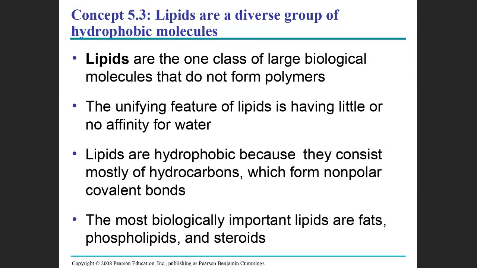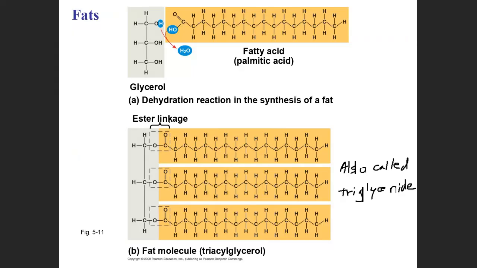So they don't like water, they don't mix with water, right? They have nonpolar covalent bonds, so there are no charges or partial charges which can interact with the water. But when it comes to biological lipids, we have fats and oils, phospholipids, and steroids or sterols. And so those are the four major groups that are important.